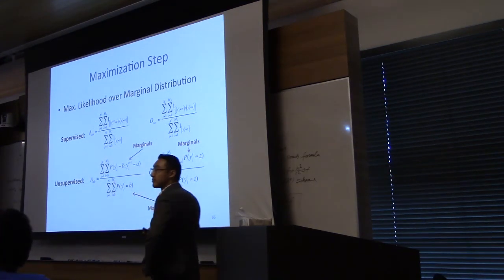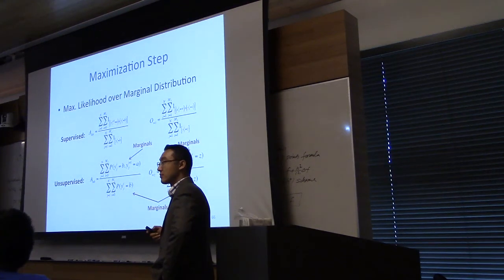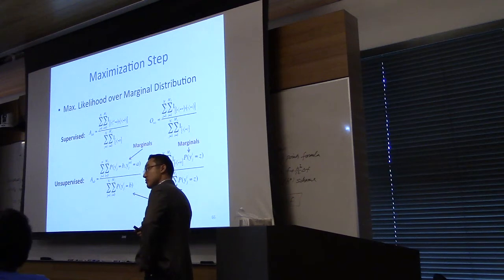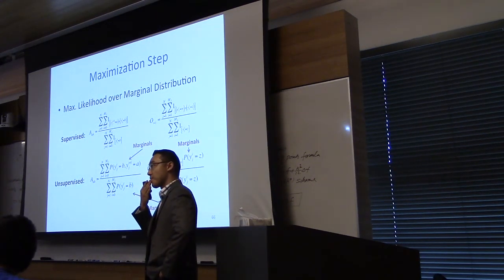So then, if we also want to predict y's in unsupervised case, we will still need some mapping between the final parameters that the unsupervised model learns and the labels. Basically, these parameters that the unsupervised model learns may not be interpretable.